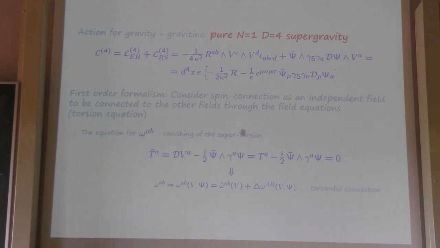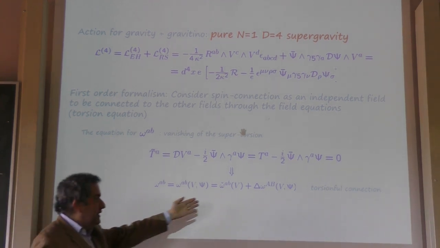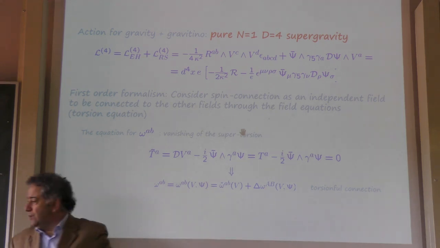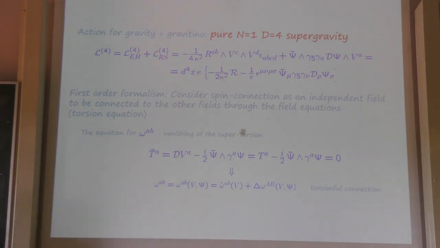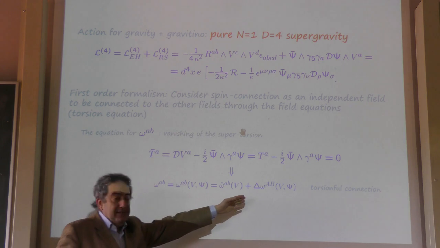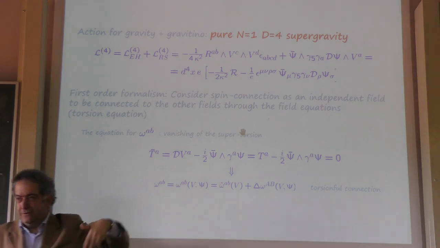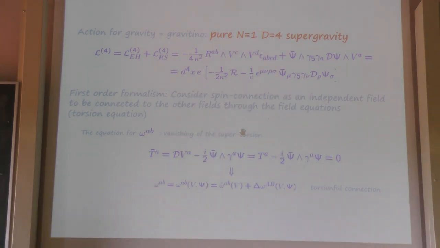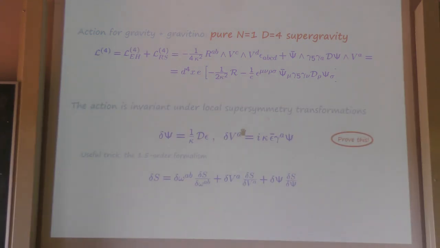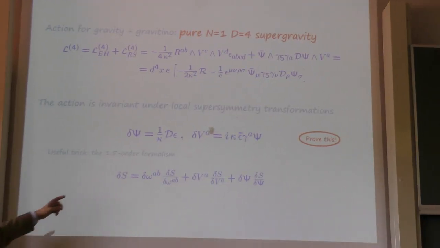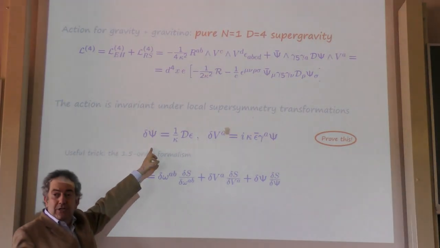Okay, so you can split omega into a torsionless one, solution of dV equals 0, plus something else which depends on psi, so on torsion. You can always do that. Now what I suggest you to do is to check that this action is invariant under local supersymmetry.